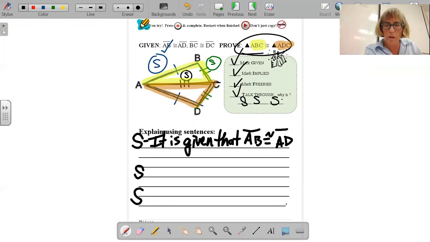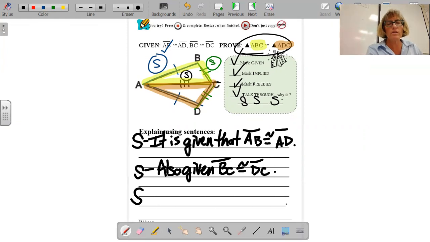That was the first pair of sides. Second pair of sides, also given. BC is congruent to DC. There's your next pair of sides.